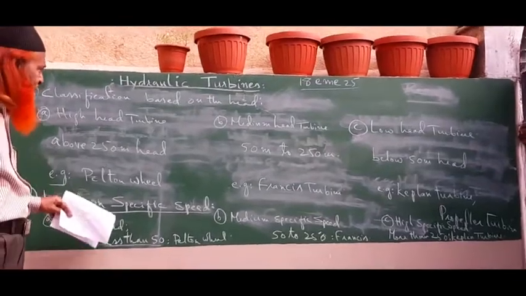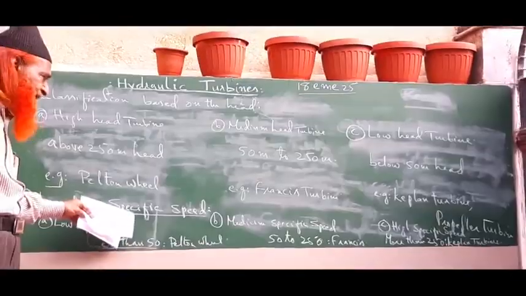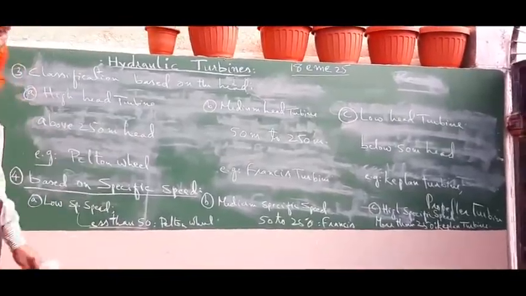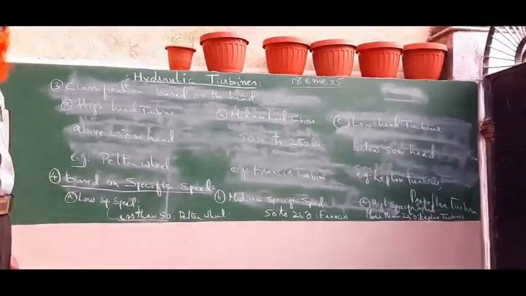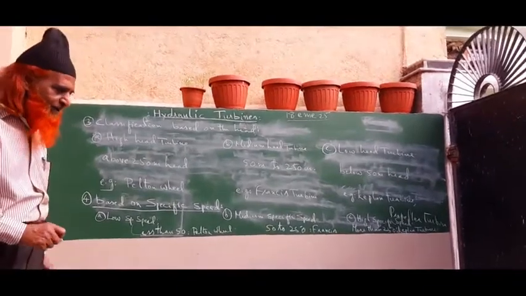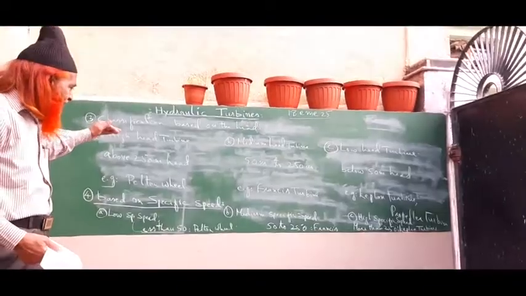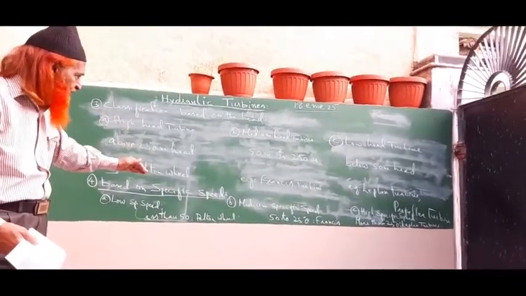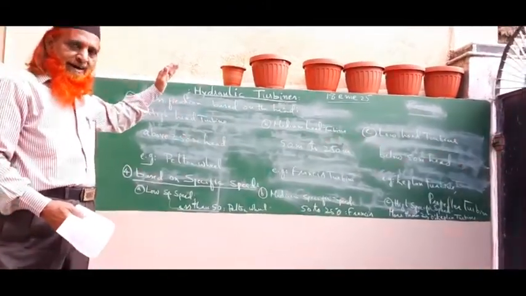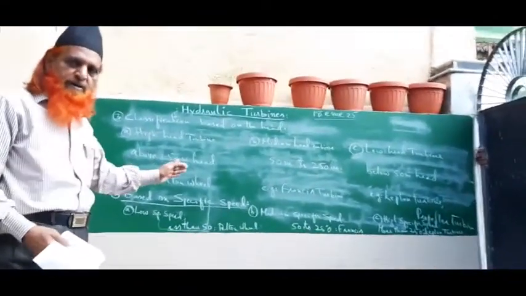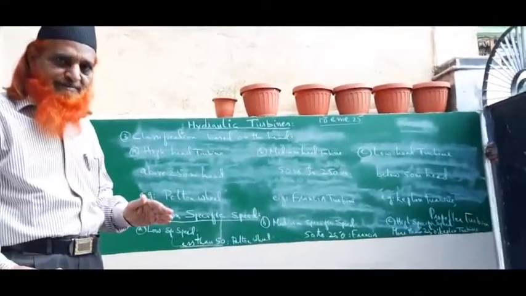The Pelton wheel is a high head, low specific speed turbine. When you want to explain the Pelton wheel, you can explain that it is an impulse turbine with high head and low specific speed. When the head is above 250 meter, then this turbine works and its specific speed will be below 50.